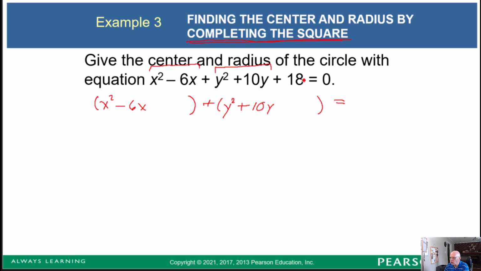And what we want is to get rid of that 18. So this would be a negative 18 over here. Now what we want to do is complete the square because we want it to look like this.